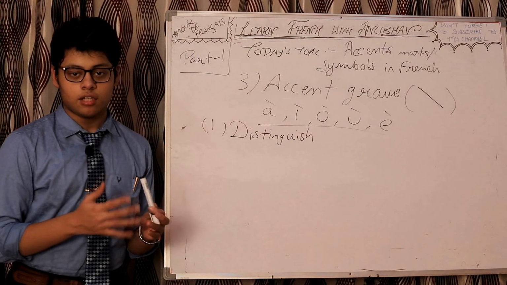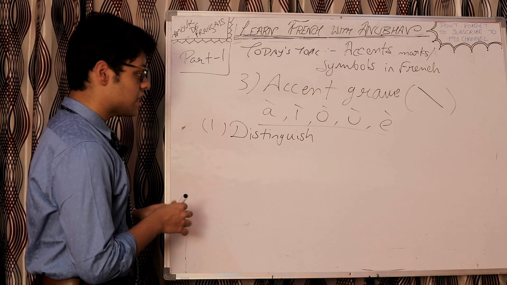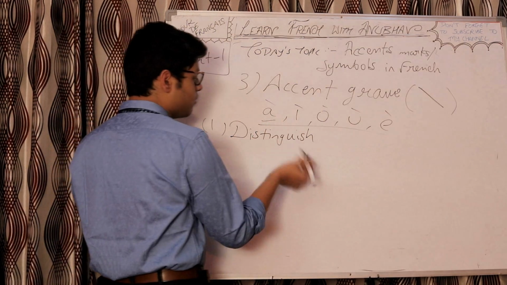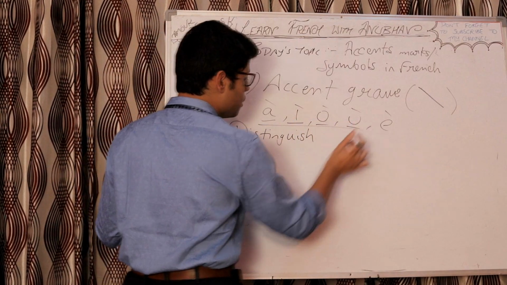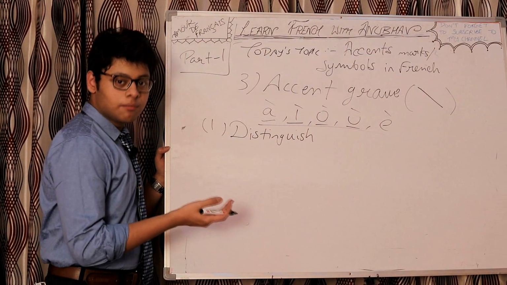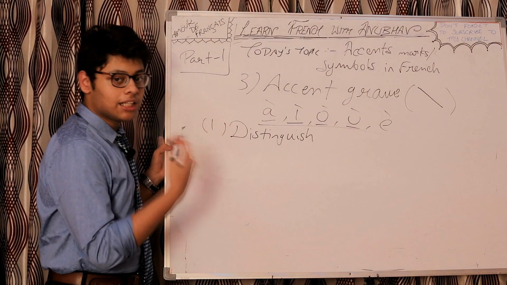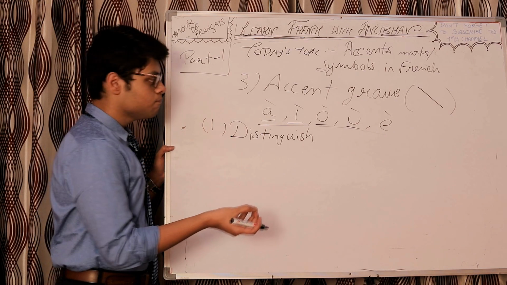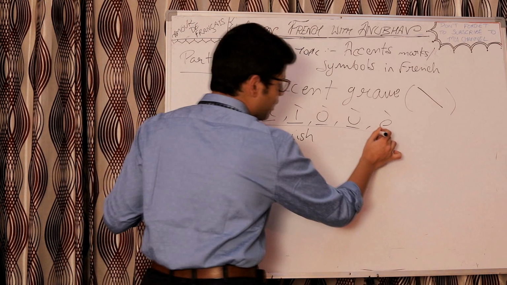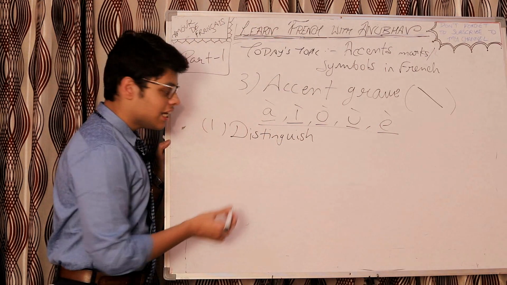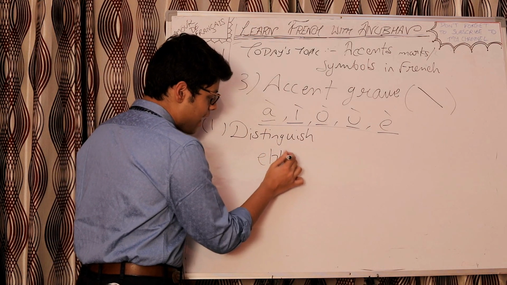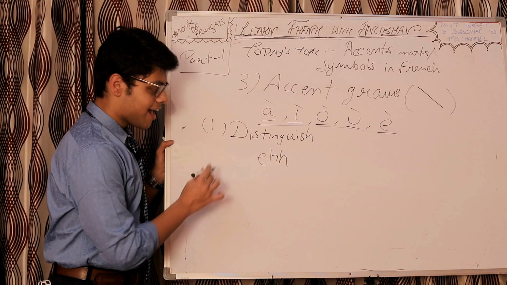Now talking about when the pronunciation gets changed. When it comes above A, I, O, U, it is just done to change the meaning of the words having the same spelling and the same pronunciation. But when it comes above E, it gives a pronunciation, è.